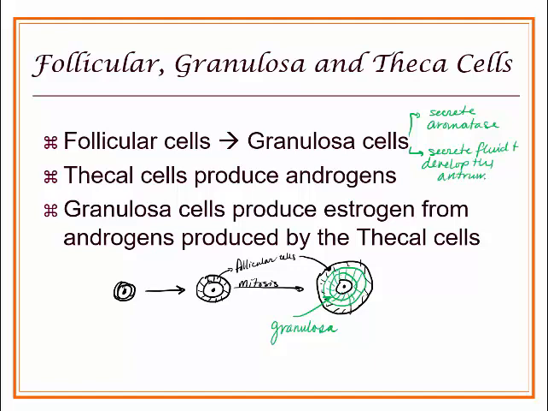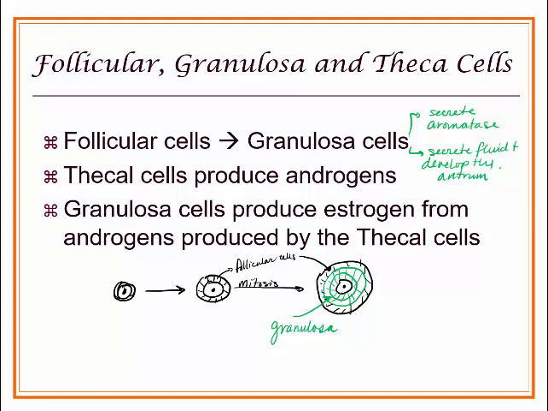So you should have learned antrum in your anatomy class. It is the fluid that builds up around the egg in a developing follicle. When that fluid builds up so much that the tissue surrounding it can no longer hold it back, it ruptures. And that is actually ovulation, the rupturing of the follicle that can no longer hold back this antrum, and the egg on the inside is released from the surface of the ovary.